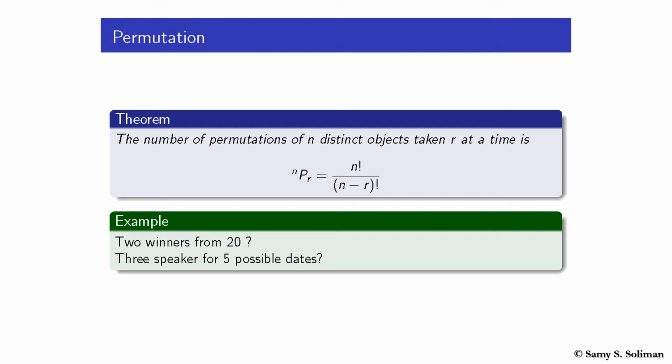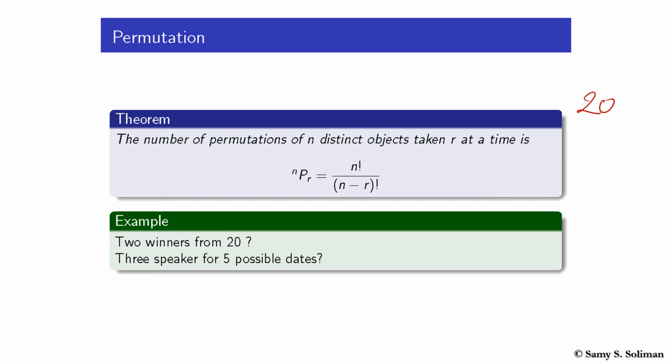Let's take another example. Let's assume that we have 20 contestants in a competition, and in such a competition we will have only 2 winners. In how many ways can we find those 2 winners? Again, this is exactly similar to the example where we have 30 chairs and 5 students, but now we have 20 places, 20 students, 20 objects, from which only 2 will be selected.